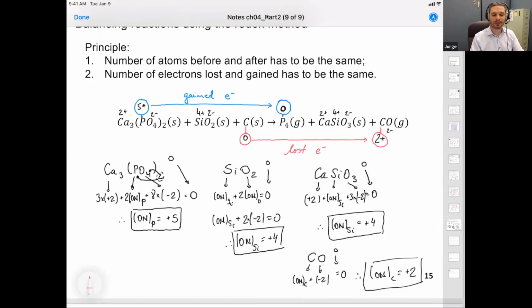And that has to make sense. If phosphorus is gaining electrons, someone has to lose electrons, okay? It's an exchange of electrons. And that's always true for a chemical reaction.